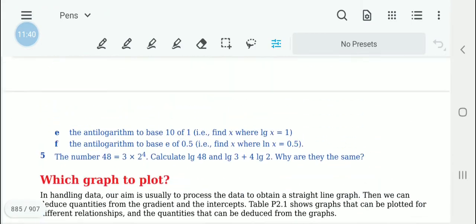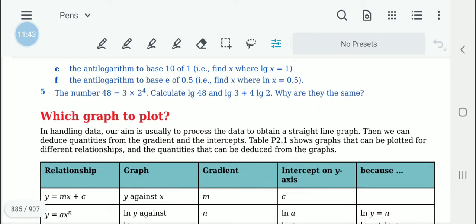Write down: the purpose of analyzing data is to obtain a straight line graph that gives us an understanding of the different types of curves that can be plotted.